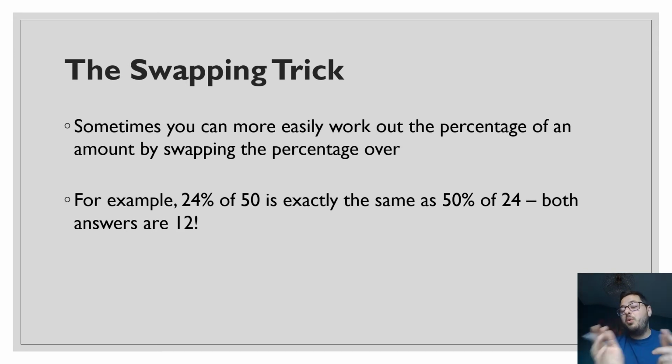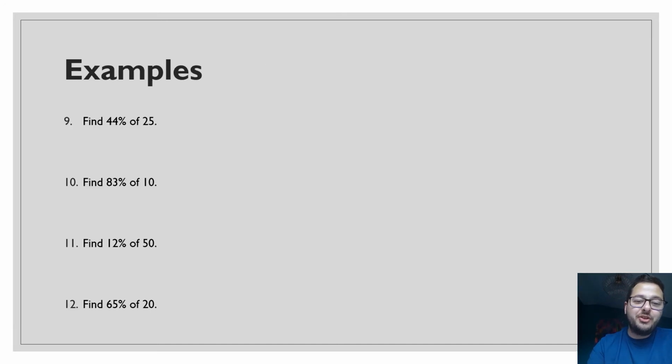And so you can just swap them all the time, and if you've got something a bit more convenient, a bit of an easier percentage to do, then you can just put that percentage on the other number and do it the other way around. So X percent of Y is the same as Y percent of X. Okay, so we'll just do a few questions in that vein. So feel free to pause, have a go yourself, otherwise we'll do them together.